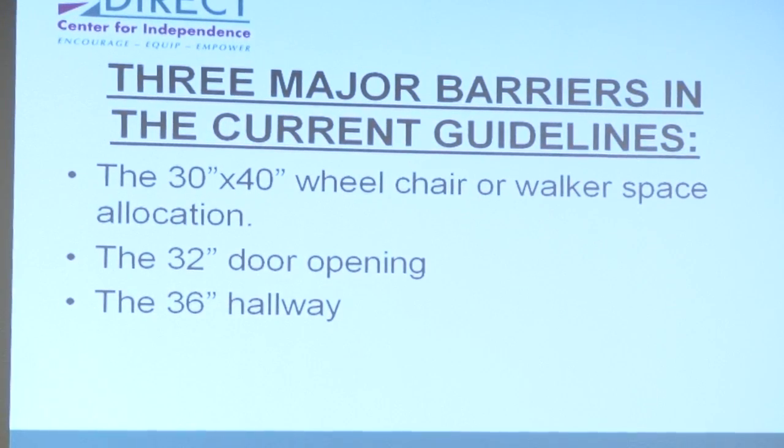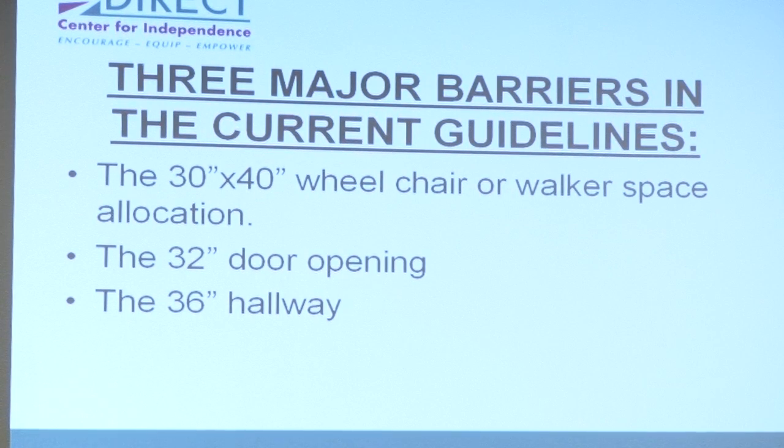And what we're seeing are issues, and I tried to put this into just a couple of the primary barriers. The first barrier is that under the ANSI guidelines, they allow for a wheelchair space of 30 inches by 40 inches.